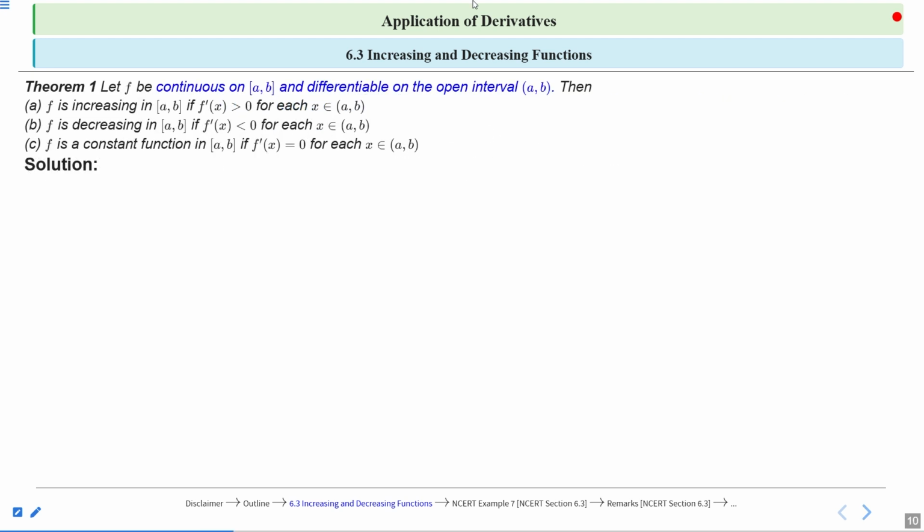So we can prove theorem 1. Part A: let x1, x2 belong to (a, b) such that x1 is less than x2, right?